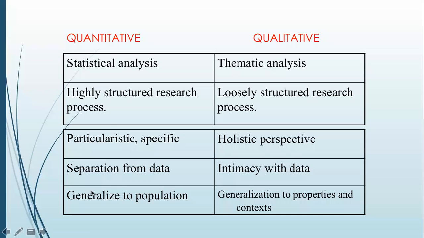And when it comes to quantitative, it's very easy to generalize. But qualitative, because it's contextual, you may not be able to generalize your findings, as it were. Those are part of the limitations of qualitative studies as against quantitative study.